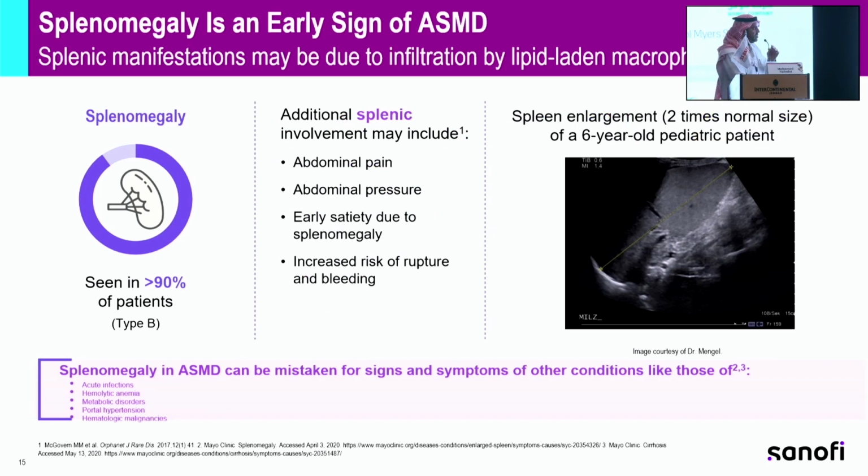As we mentioned, splenomegaly can present in 90%, and the main reason the spleen is involved is infiltration by lipid-laden macrophages. So the patient can present with abdominal pain, and they also have a risk of rupture of the spleen, causing bleeding.